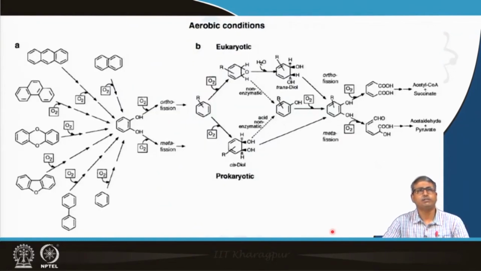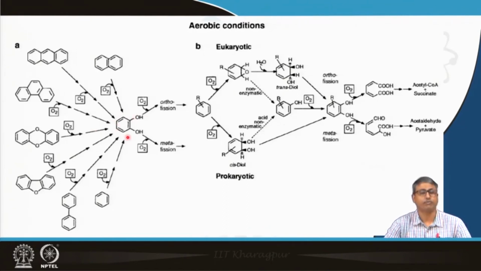Now, one very interesting aspect of this aerobic degradation of aromatic hydrocarbons is the funneling mechanism: all the different types of monoaromatic or polyaromatic hydrocarbons are oxygenated and converted subsequently to a central intermediate called catechol.